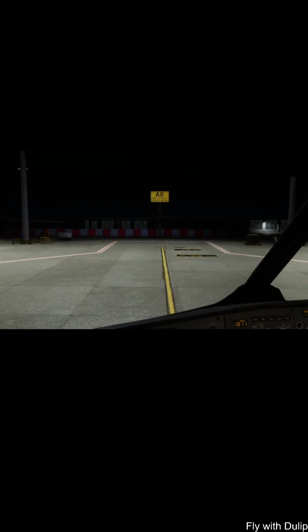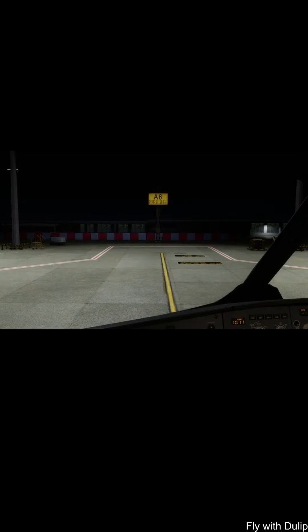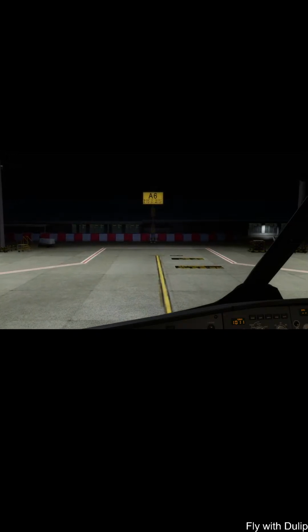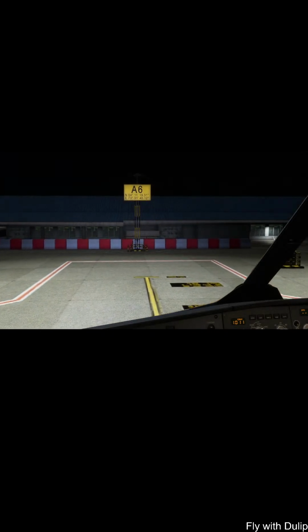SriLankan 103, just for your information, you've taken intersection Bravo 4 and stand Alpha 6. It's not a problem, but next time be a bit more careful. Thanks. Roger, sir. Apologies, SriLankan 103. You too, have a good evening. Have a good evening as well, SriLankan 103.